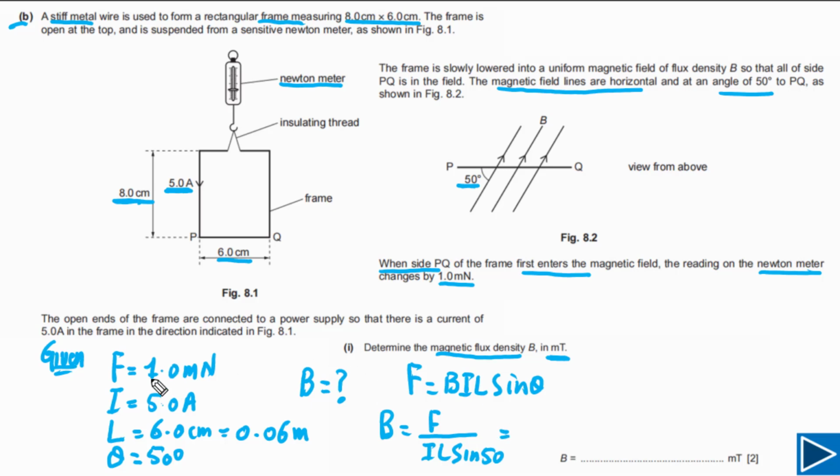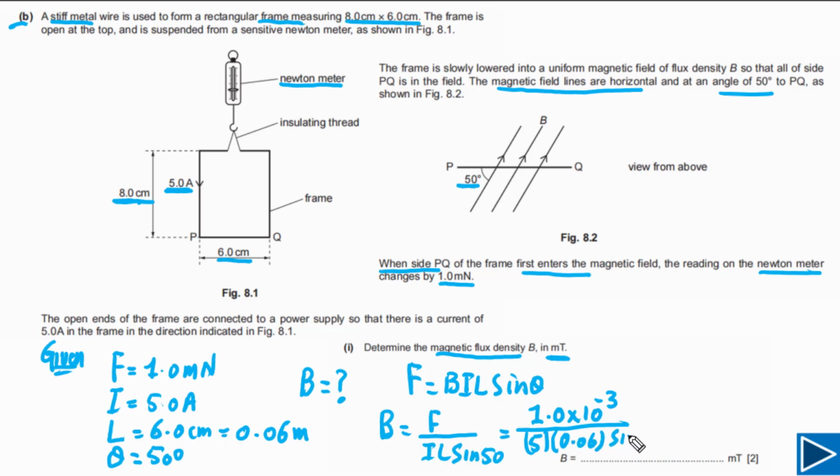Force in this case we will just leave in millinewtons because our answer has to be in milli. So we can simply use 1.0. If you want to use newtons, we can also use newtons. I is given, I is 5. L is given, that is 0.06 meters.